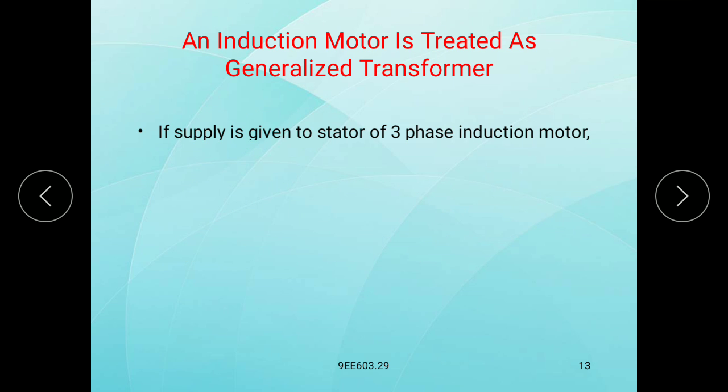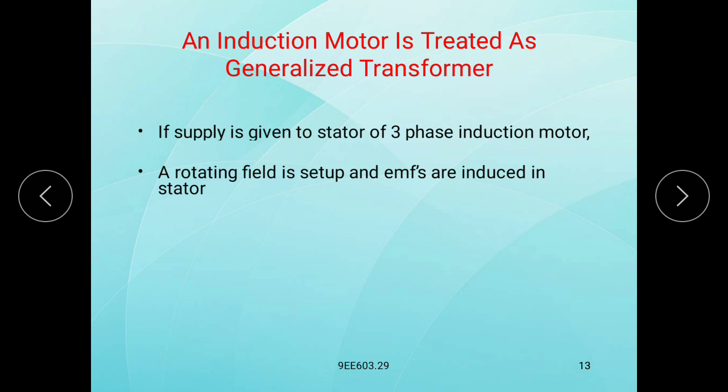If supply is given to the stator of a three-phase induction motor, a rotating field is set up and EMFs are induced in the stator. E1 is the stator induced EMF and E2 is the rotor induced EMF. E1 is equal to 4.44 Kw1 f1 N1 phi1.